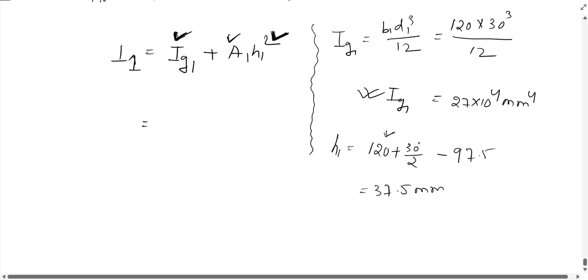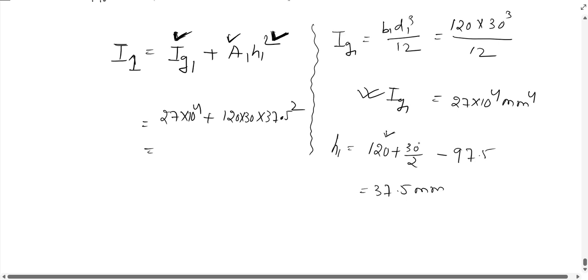So I1 equals Ig1, 27 into 10 to the power 4, plus A1, 120 into 30, into H1, 37.5 square. So with the help of a calculator we can calculate it. 27 into 10 to the power 4.